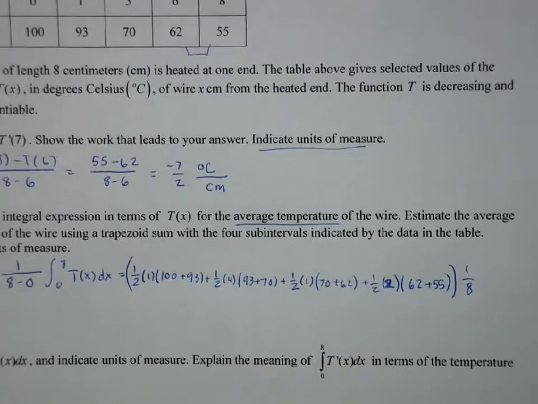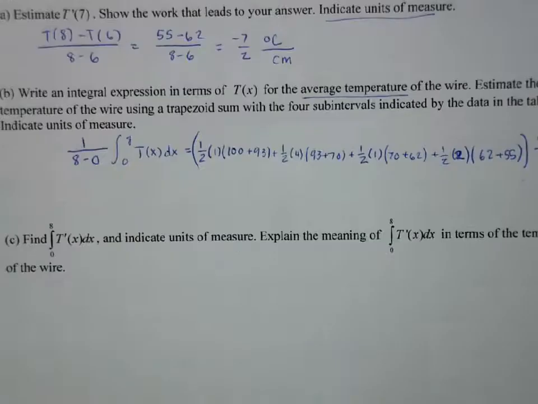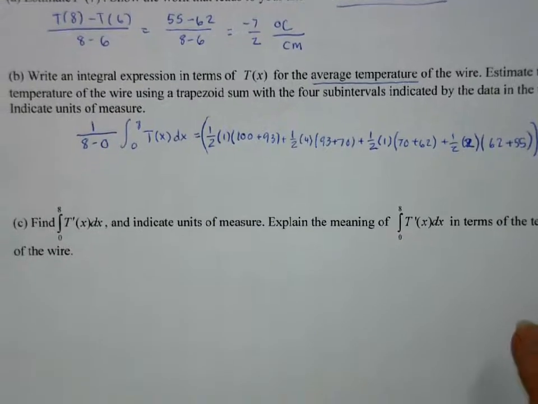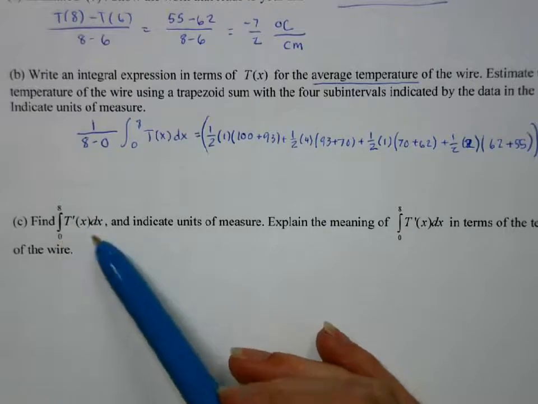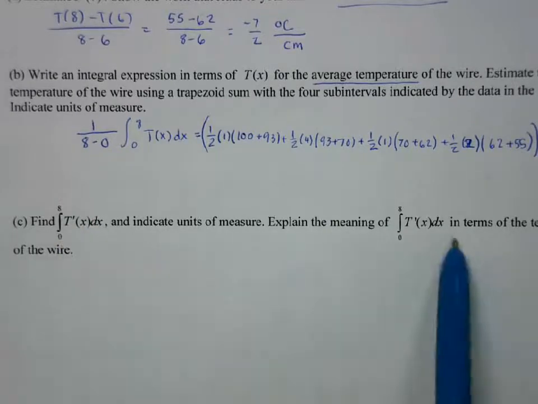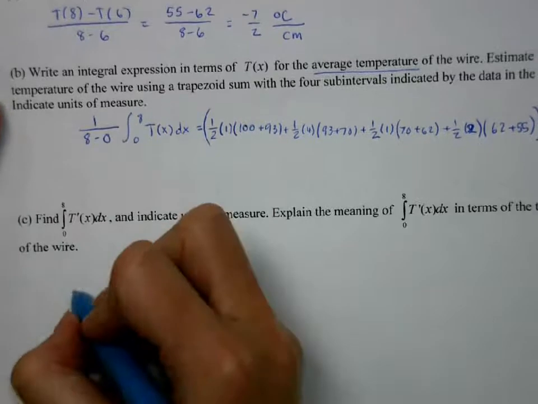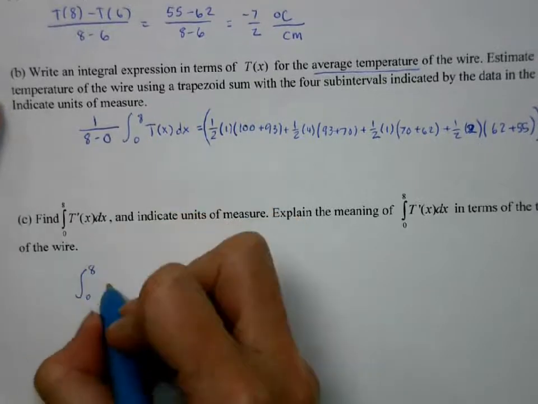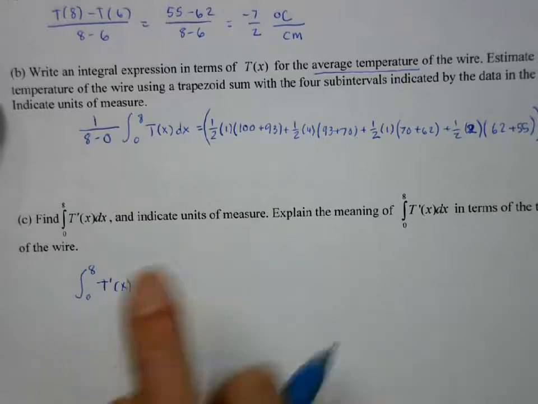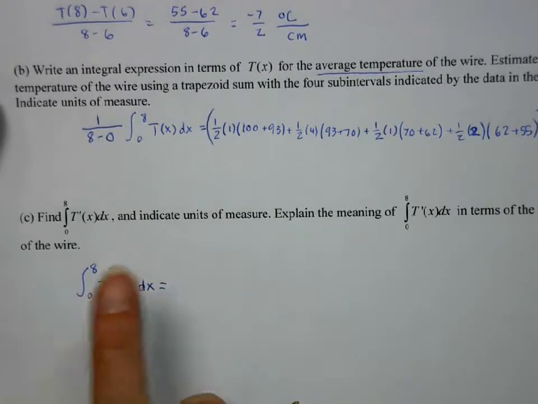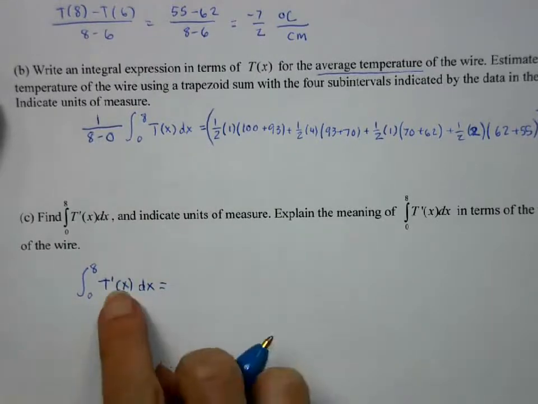Okay, the last part of the problem, find the integral from 0 to 8 of T prime of X and indicate the units of measure. Well, the fundamental theorem says that the integral of this is going to be the antiderivative evaluated at 8 minus the antiderivative evaluated at 0.